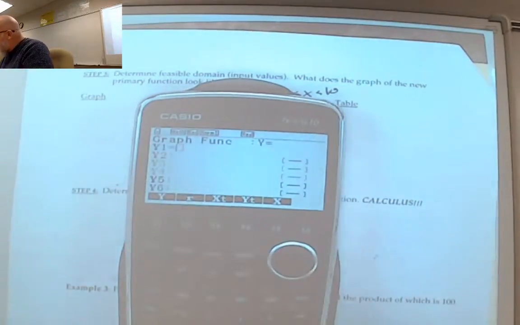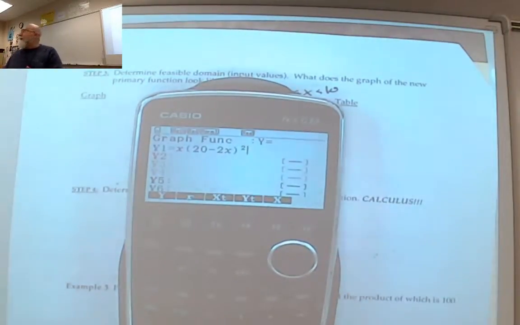So I'm going to put in, and I like typing it this way, I don't put the whole thing in. I like putting it in as 20 minus 2x, the quantity squared, because it's a lot easier. And I see length times width times height when I do that. When I multiply it all out, it will be a lot nicer for me to take the derivative of.